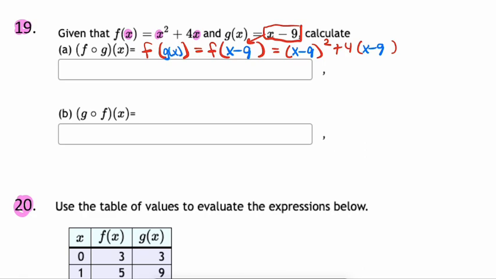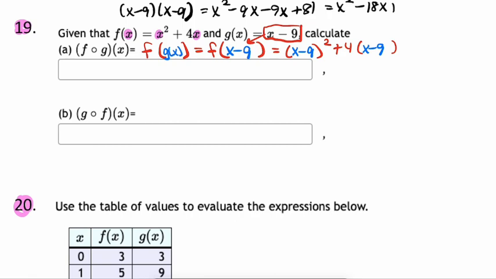Now be careful when you square x minus 9. I would take on the side of your paper and I would write it twice so that I remember that I have to FOIL. And so you get x squared minus 9x minus 9x plus 81, or x squared minus 18x plus 81.